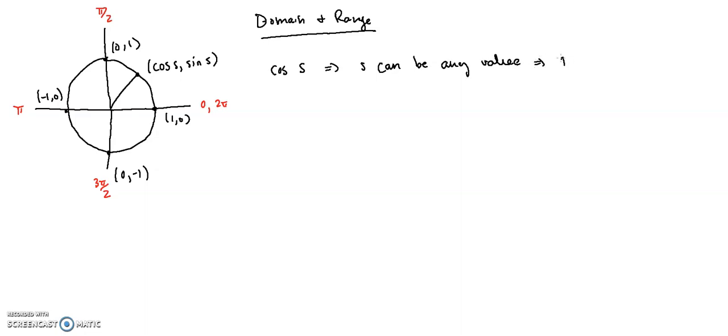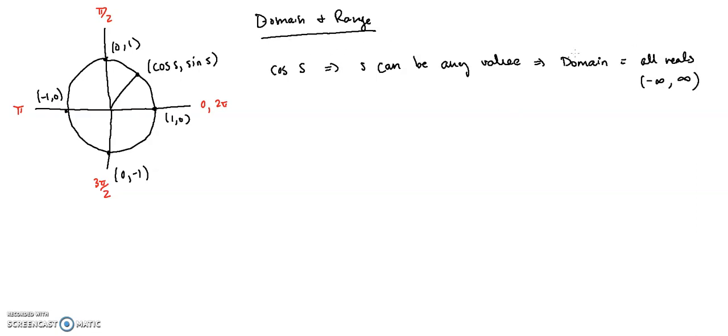And that means that the domain is all reals. Okay, so we say all reals, or we say negative infinity to infinity. All right, so we can put anything into cosine. Any value can go into cosine.